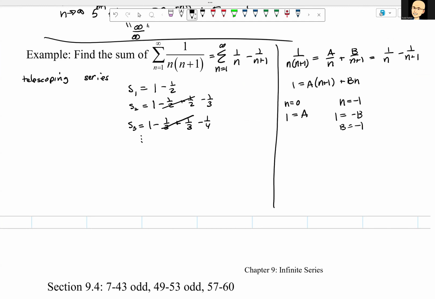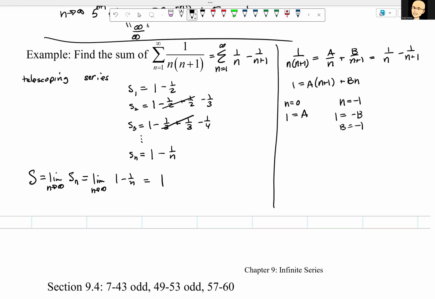Maybe at this point, we can see that the nth partial sum is going to end up being 1 minus 1 over (n plus 1). And because the sum of an infinite series is the limit as n goes to infinity of the nth partial sum, now we're saying, well, what is the limit as n goes to infinity of 1 minus 1 over (n plus 1)?